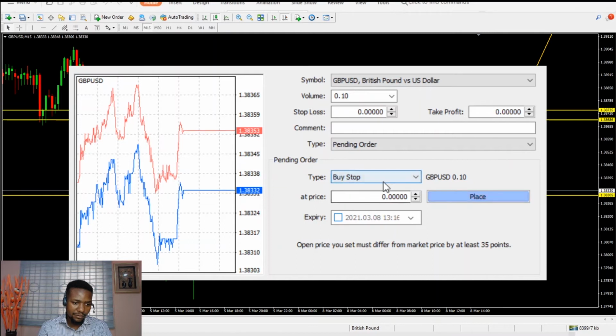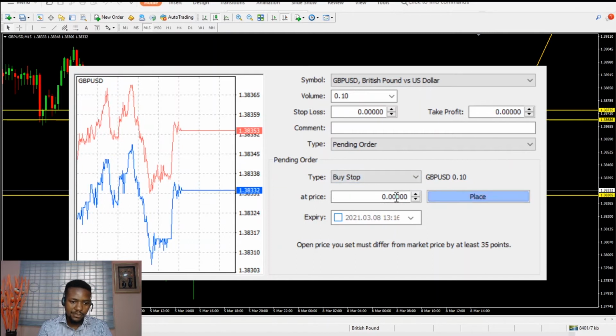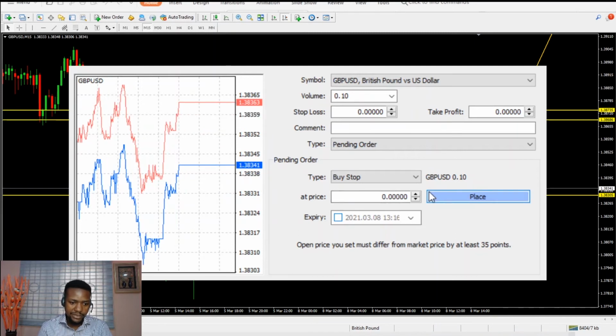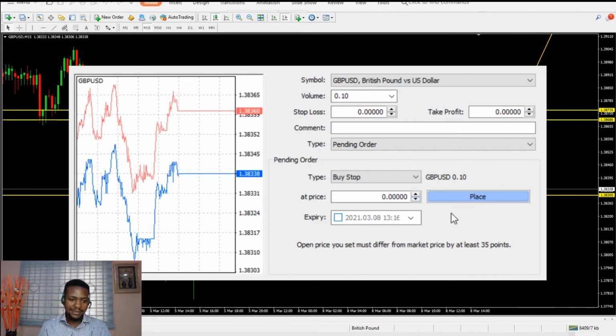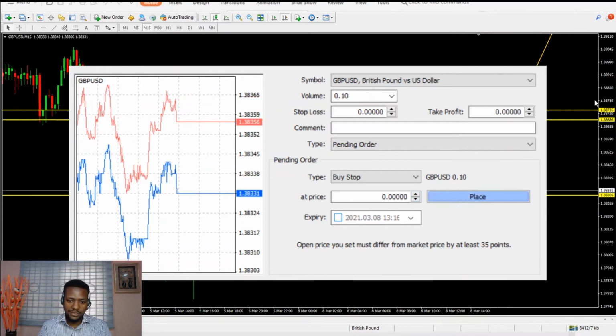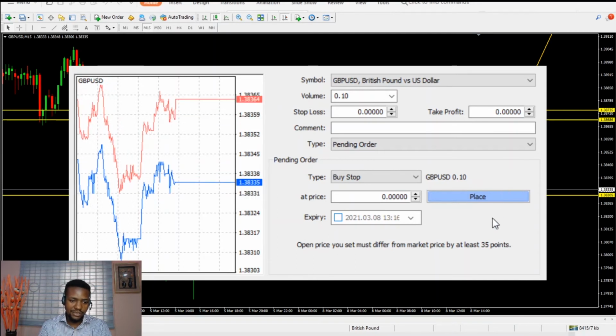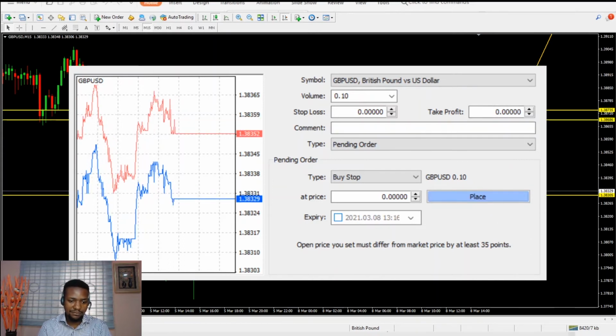Then you set your price, which you've seen here, and you click on place. So automatically, when the market gets to this point, after breaking the resistance line, a trade will kick off in your trading account. So that's how to go about buy stop.